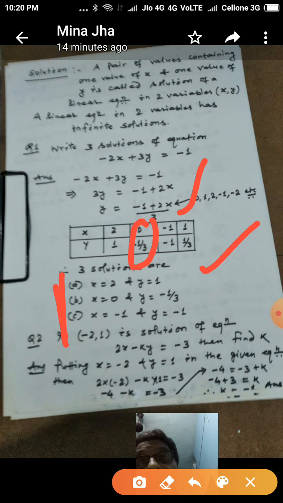Similarly, third, if you put x equal to minus 1, then y also comes minus 1. So one solution is x equal to minus 1, y equal to minus 1. Here a fourth solution has also been calculated, but there is no need, since we have to write only three solutions.